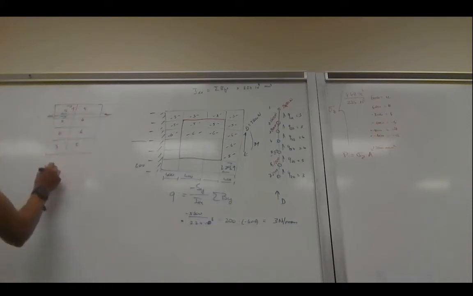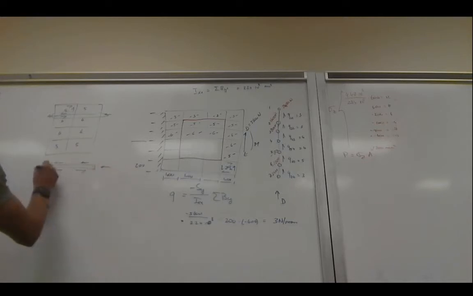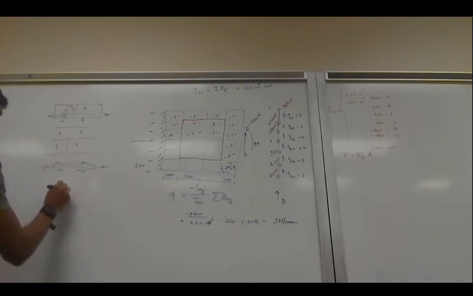So we know we have this, we have 5, 5, 6, 6, and there must be a force that's in equilibrium. If we do, this is 800, so we get basically force equilibrium in x.